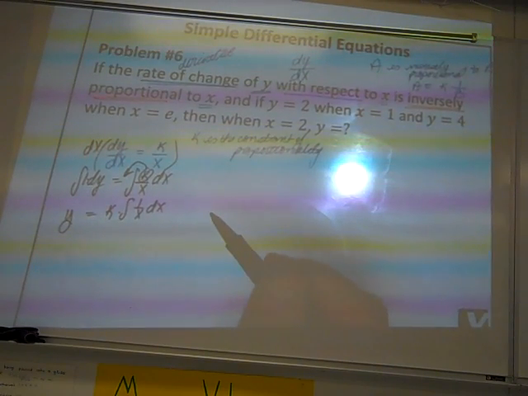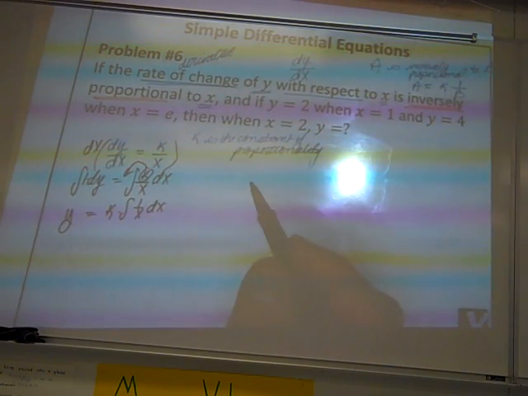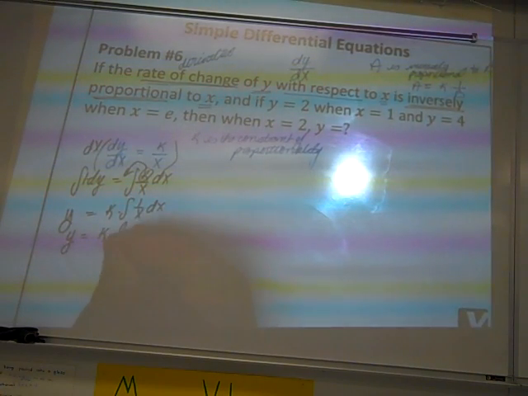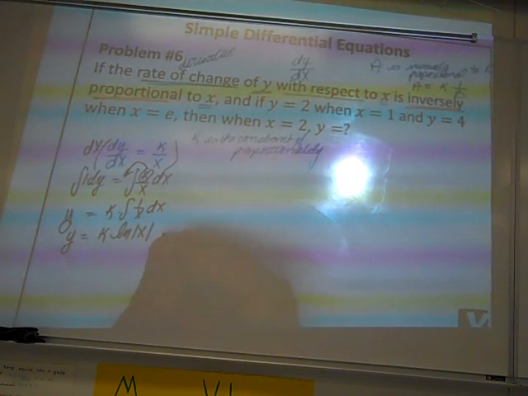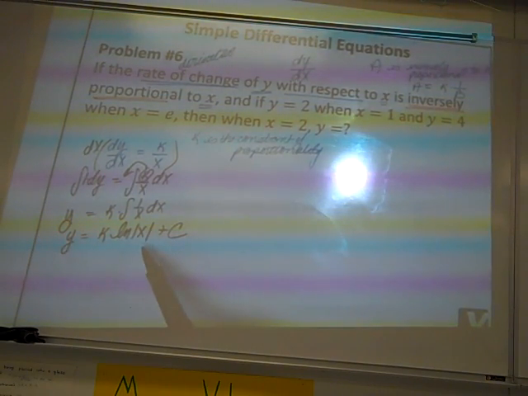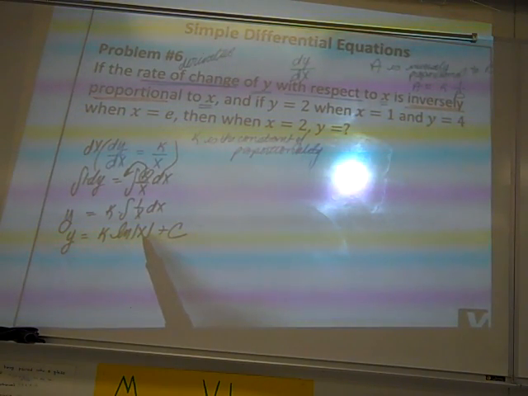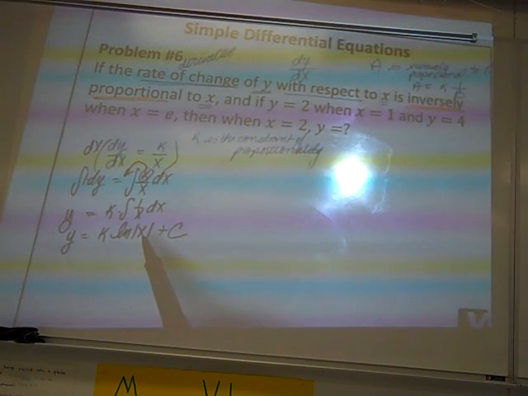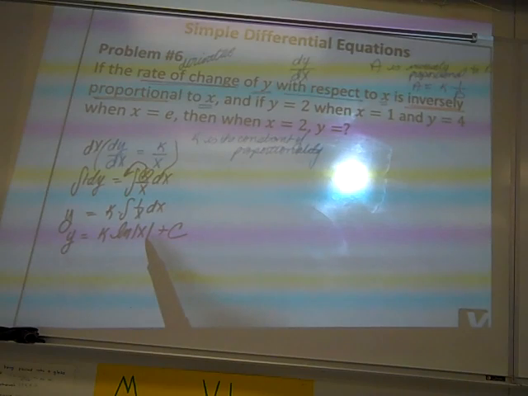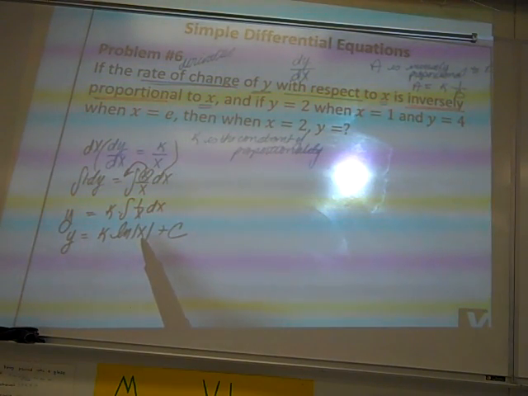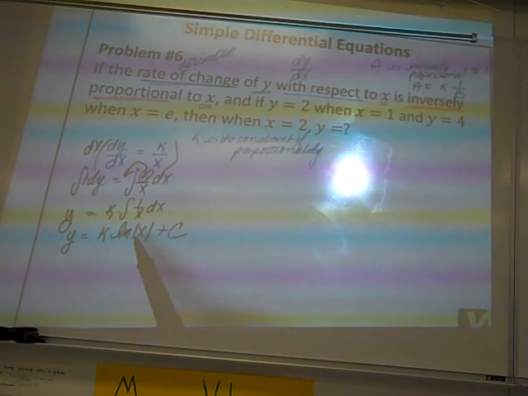And so we have k times the integral of 1 over x dx. The integral of 1 over x dx is natural log of the absolute value of x plus c. You must have the absolute values there because x could be a negative number. We put the absolute values around it to make sure that we're getting a positive.